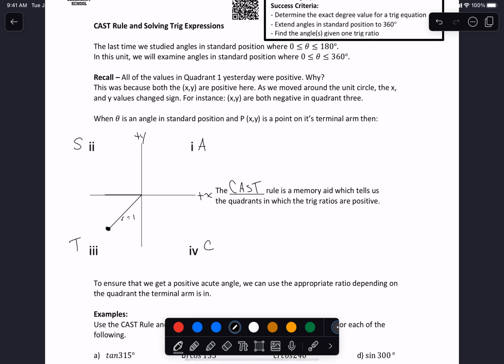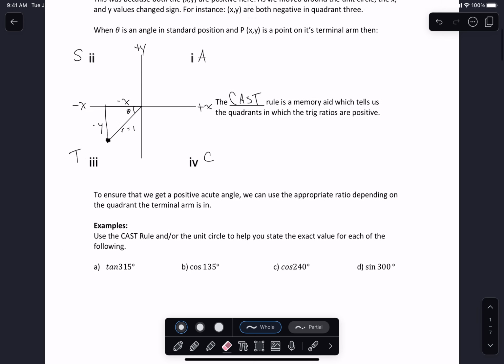But the x and y components in this one are going to be negative x and negative y. So when I found a ratio of theta for tangent, tangent was going to be opposite over adjacent, and both of those side lengths are negative, so subsequently tangent comes out to be positive. So that's the basis of the CAST rule.